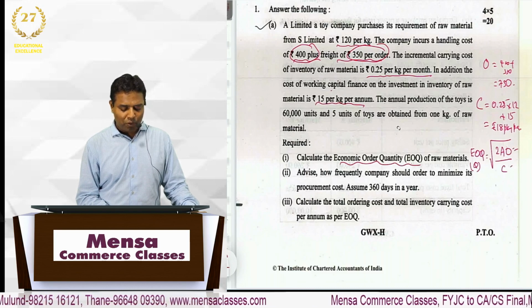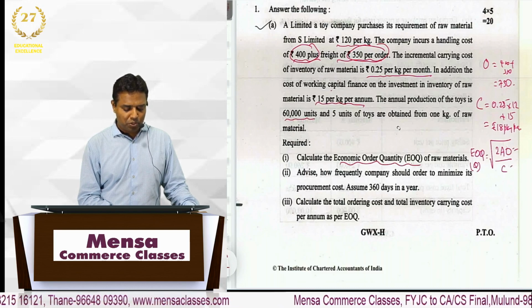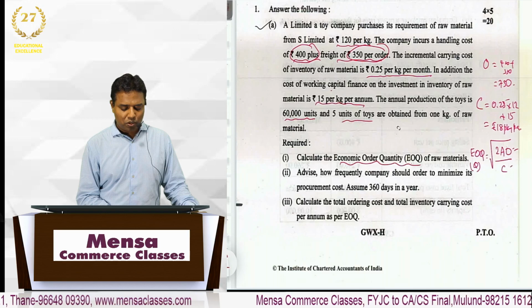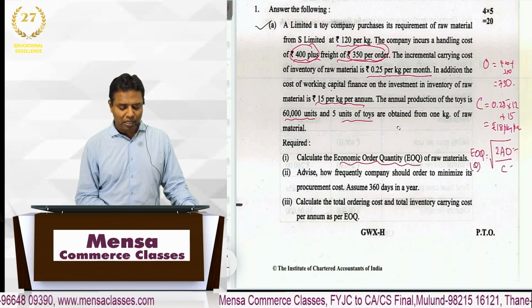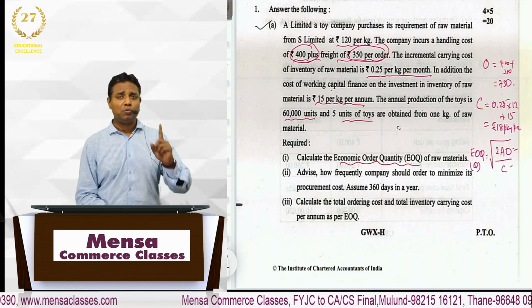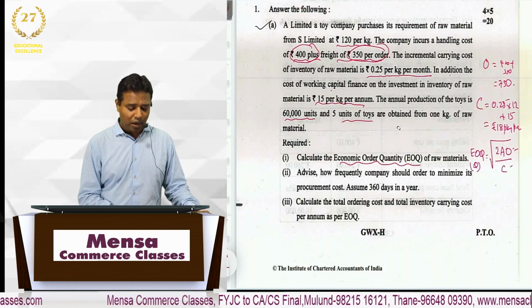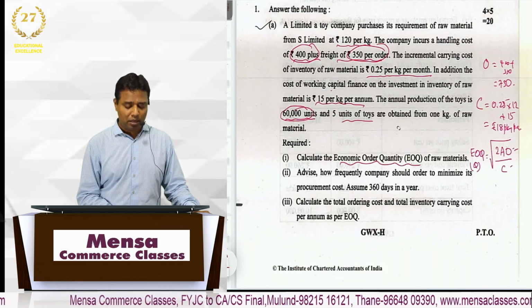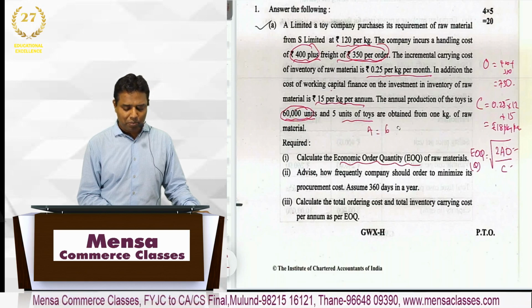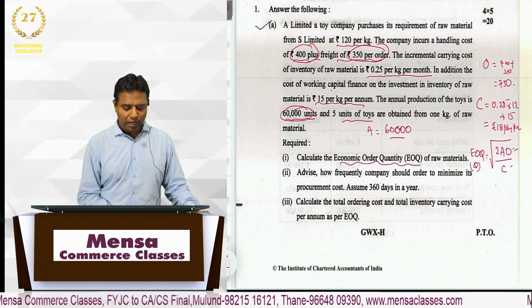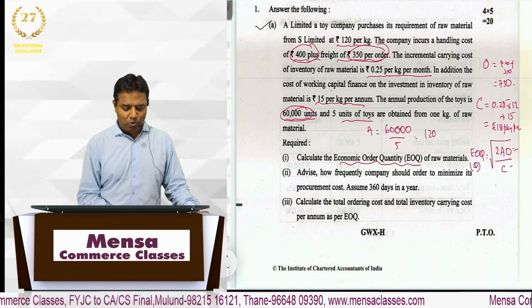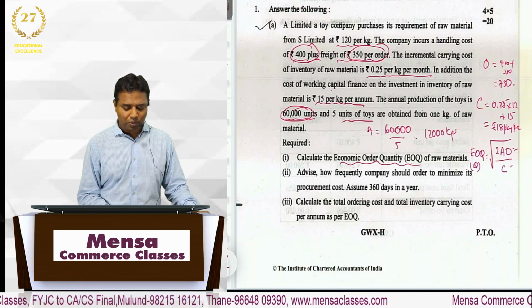Then the annual production of toys is 60,000 units. And 5 units of toys are obtained from 1 kg of raw material. Means for every 1 kg of raw material, you get 5 units of toys. And how many toys are you going to produce? 60,000 toys. So your A will be 60,000 divided by 5. So that will be equal to 12,000 kg of raw material required.